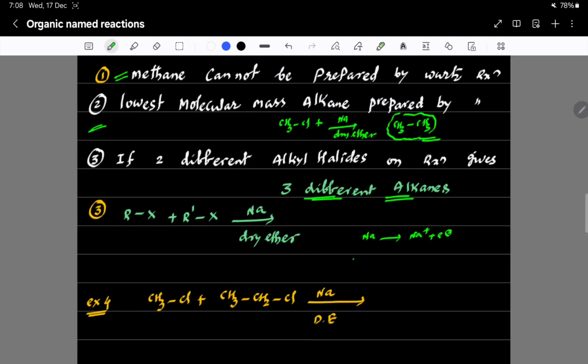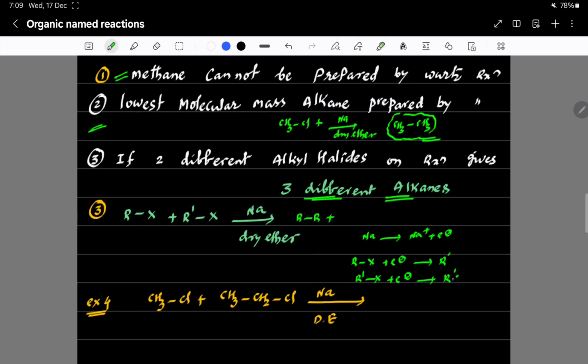This electron reacts with R-X to form an R radical. Similarly, it will react with R'-X with an electron to form an R' radical.